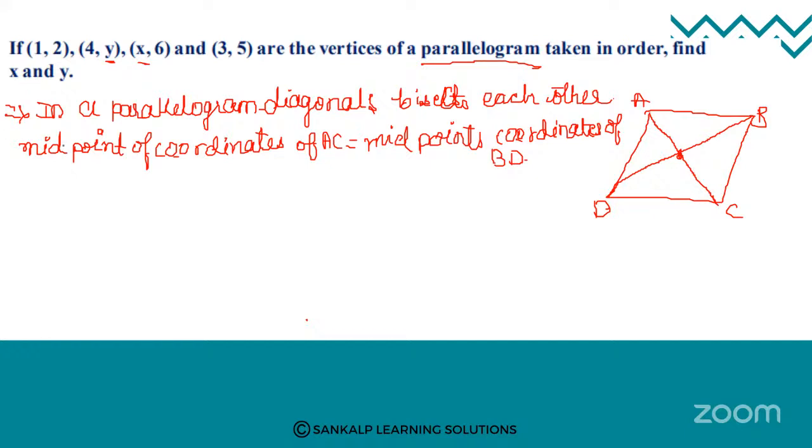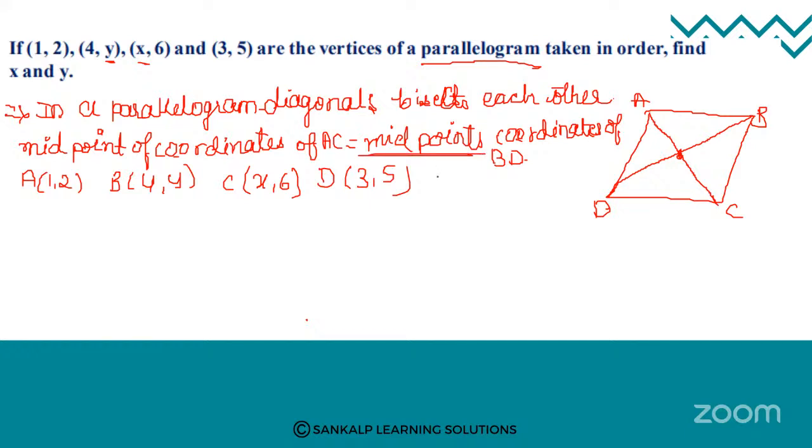Now, A is (1, 2) and B is (4, 5), and C coordinates are (x, 6) and D coordinates are (3, 5). Okay. Now, when you are using midpoint, remember the midpoint formula.